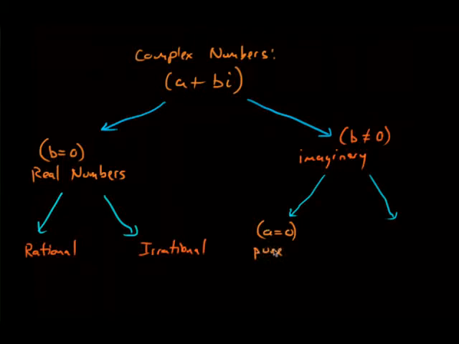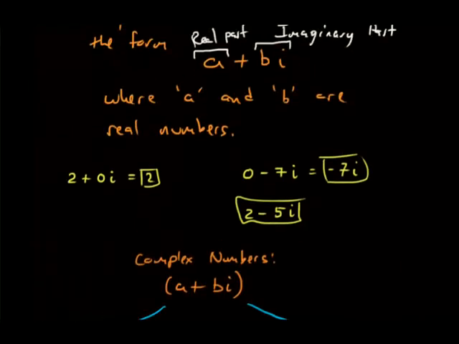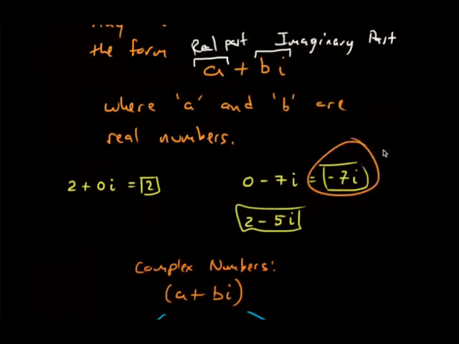There are pure imaginary, okay, in which a is equal to 0. So if this part was equal to 0, here's a pure imaginary number, which is a lot of the ones we were looking at earlier, right? So pure imaginary would be like that, right?